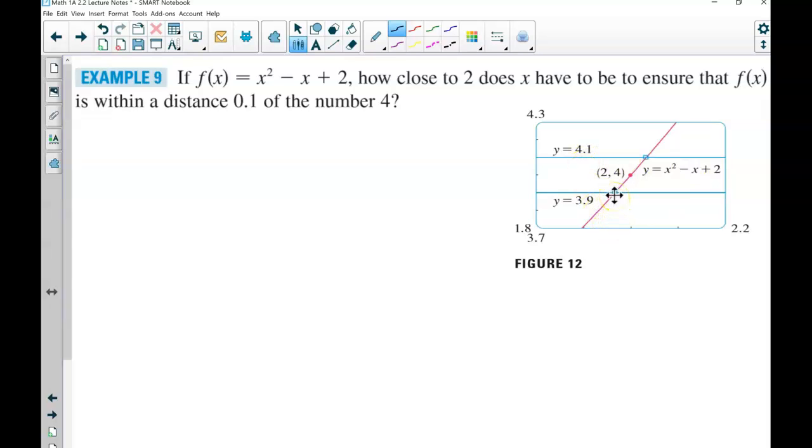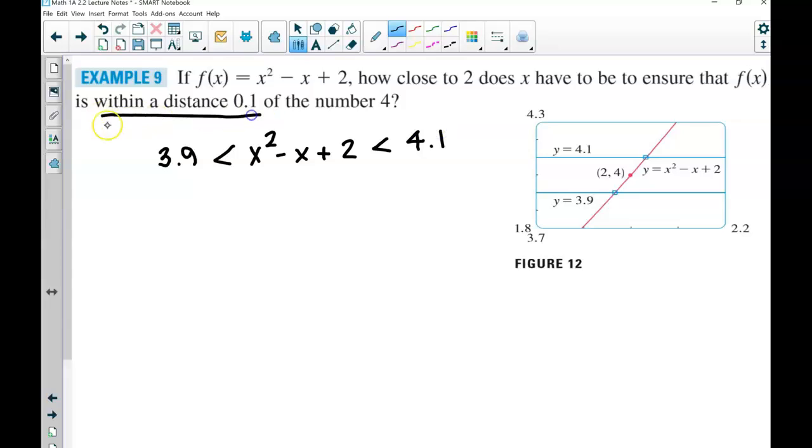And so what we're saying here is that this function x squared minus x plus 2 is going to be in between these two numbers, 3.9 and 4.1, because again, it's within a distance of the number 4.